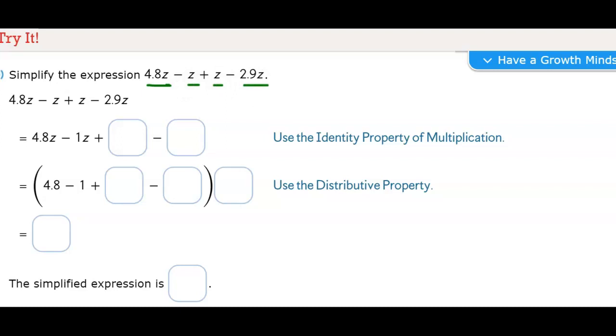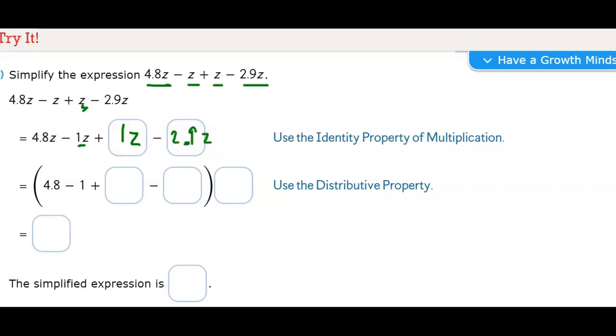So we're going to combine them. They started by writing the 4 8/10 z and minus z. They put a 1 in front of it because it's a z, and in front of any variable with no number there's an invisible 1. So we would do the same here for that z, and then minus 2 9/10 z.